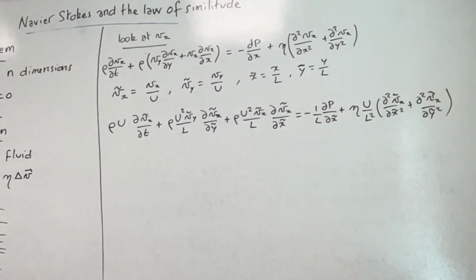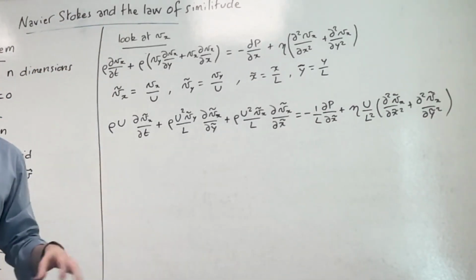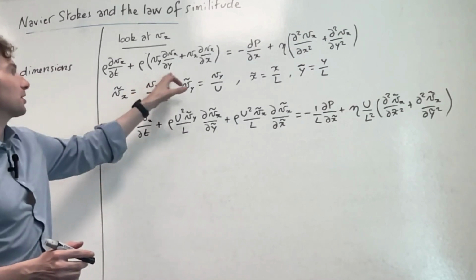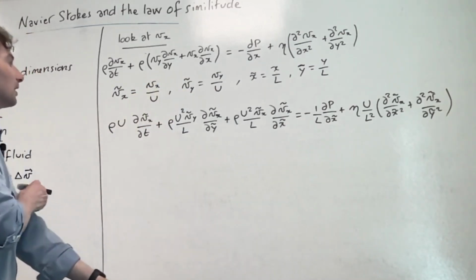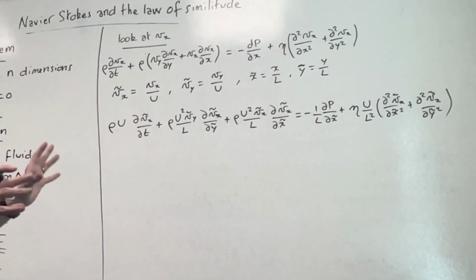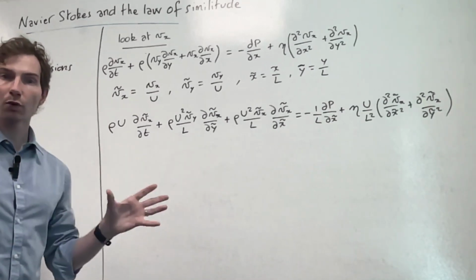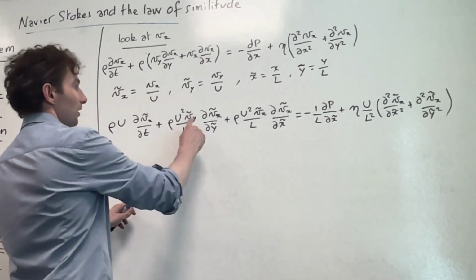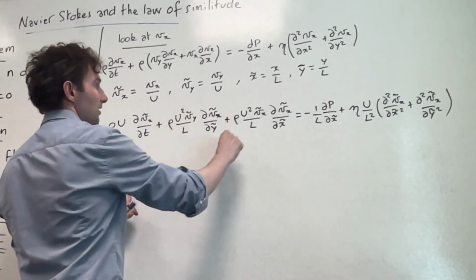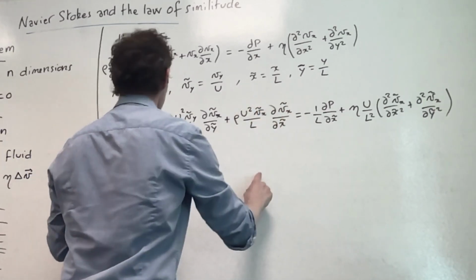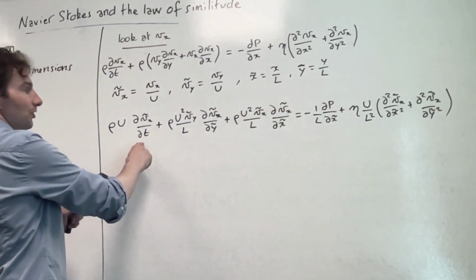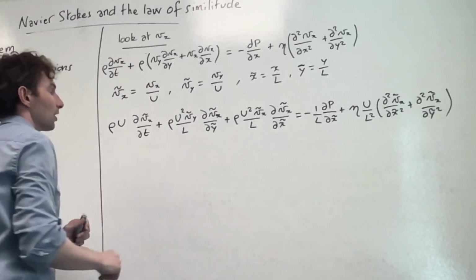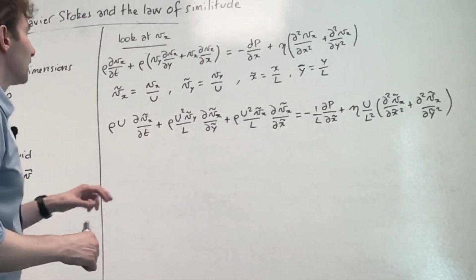Okay, so this is the equation I have. It looks a bit more complicated just because I've expanded the terms here. But you see that I'm starting to get dimensionless quantities. So for example, here I've got dimensionless, dimensionless, dimensionless, dimensionless. This I'm not yet dimensionless, so I need to fix that problem.